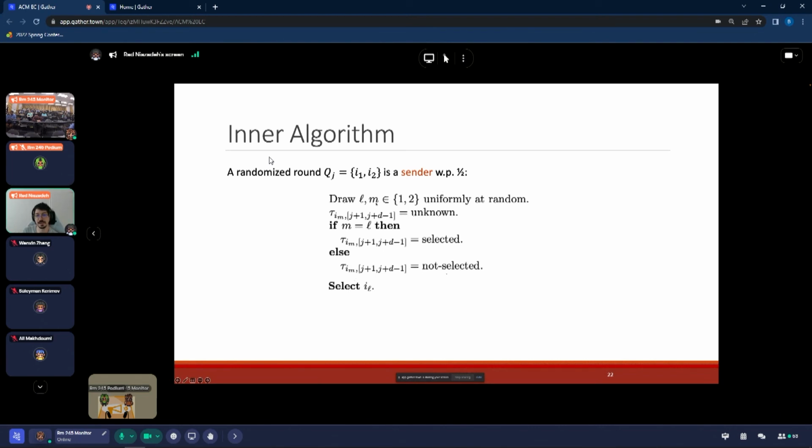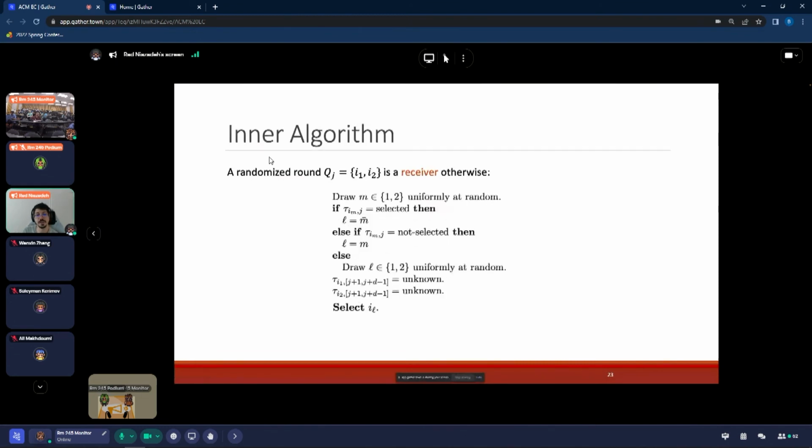However, we send the message for the vertex I_M for the future runs. If M is equal to L, that means that the vertex M is selected by the algorithm and we send the message selected. And otherwise, we send the message not selected for that vertex.